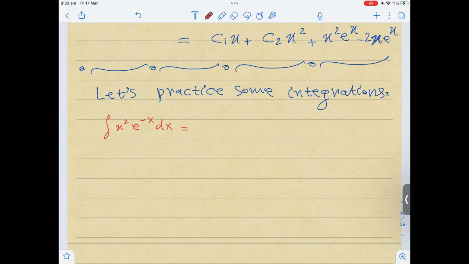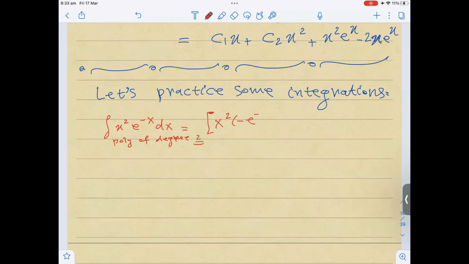The polynomial is of degree 2, and it's decaying derivative by derivative. At first, I won't take the derivative of x squared, but I will take the integration of e to the minus x.